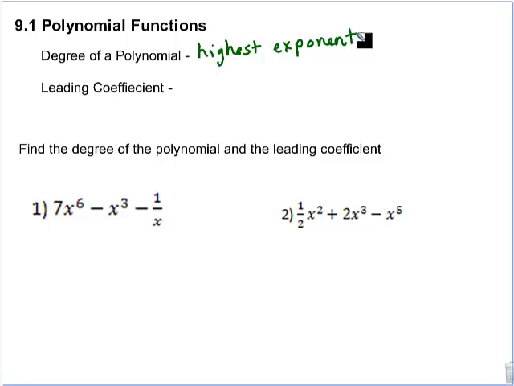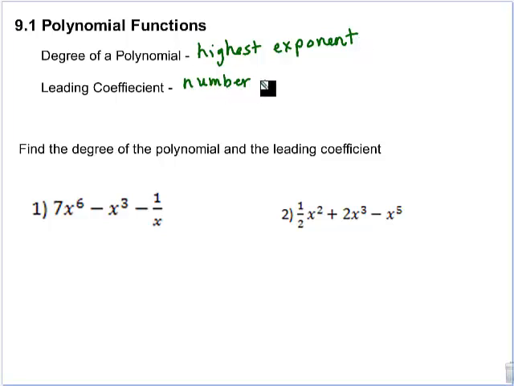Okay, what would be the leading coefficient then? What does the word coefficient mean? The number in front of the variables are all coefficients. So the leading coefficient is not necessarily the first one, but the one that's attached to the highest exponent.